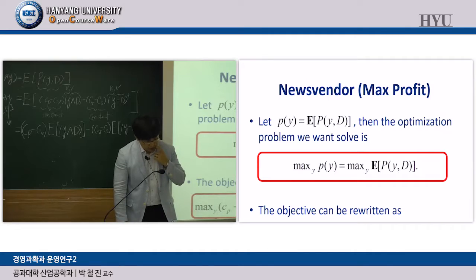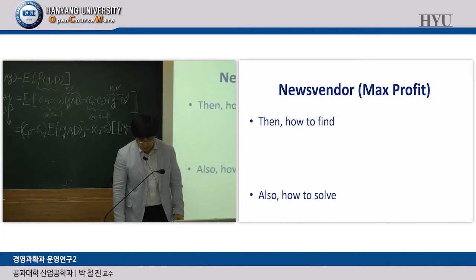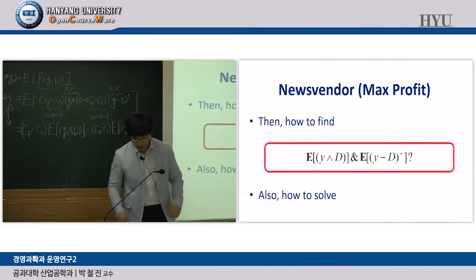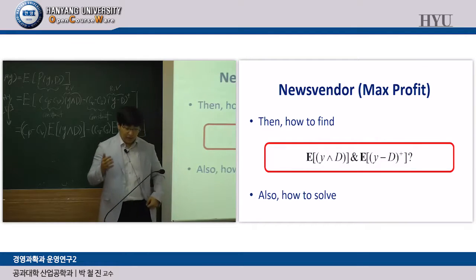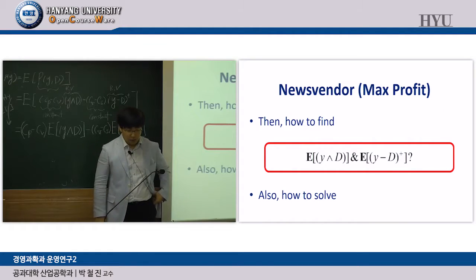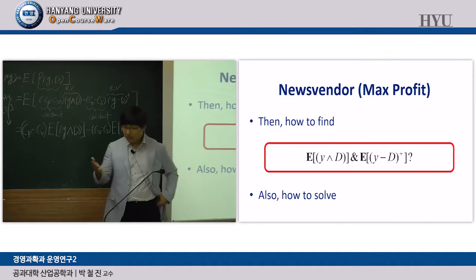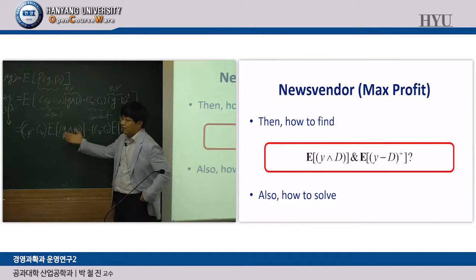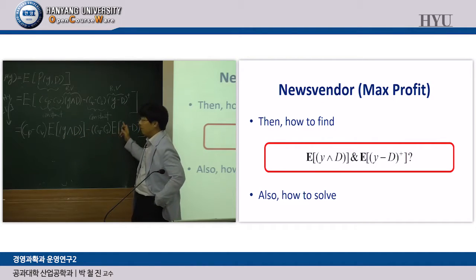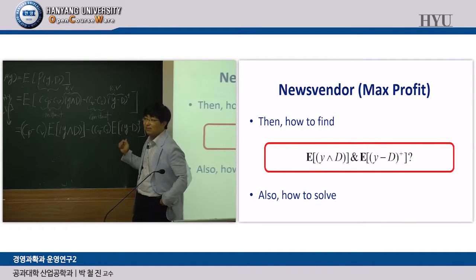So we can think about two different examples. Before that, we are going to do two different things. First, we want to find the expected value of the minimum of y and D and the expected value of the maximum of 0 and y minus D when the distribution of D is given.